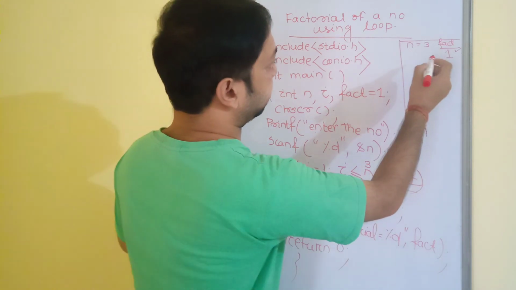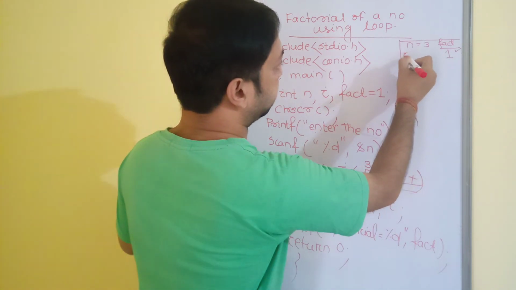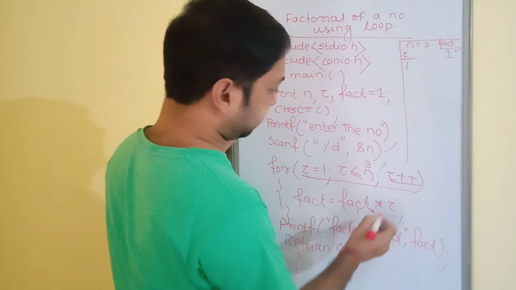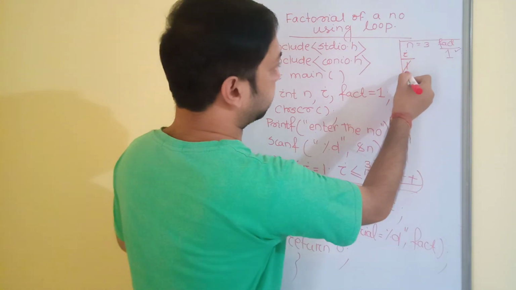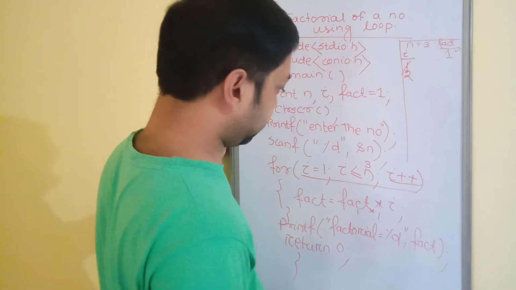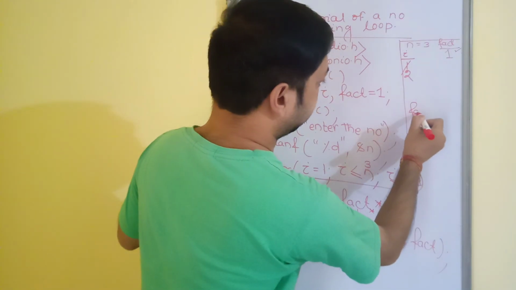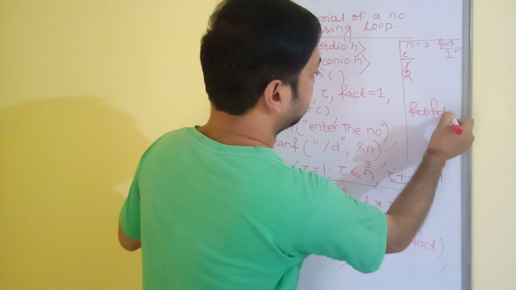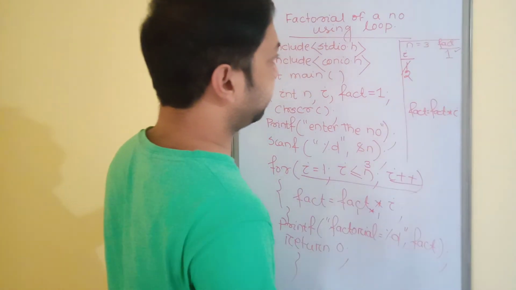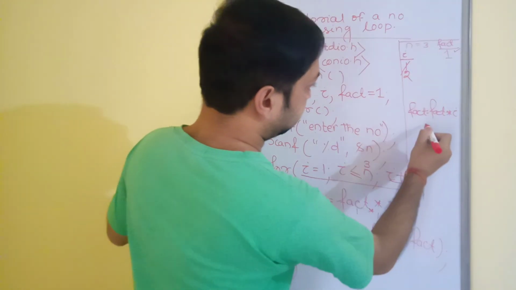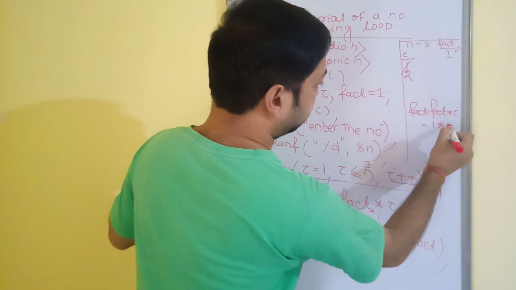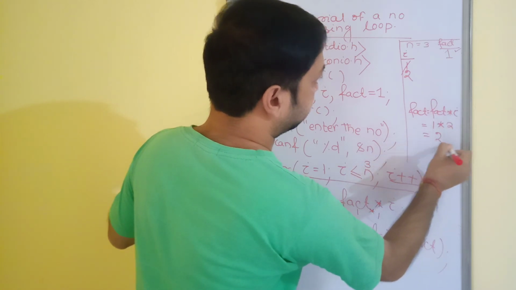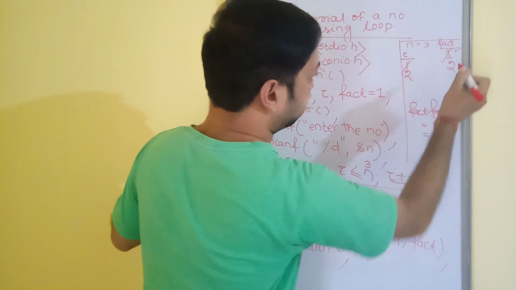In the next part, again i++. So initially i value is 1. Now i++ means i value is 2. Let us write the formula here again: fact = fact * i. Now fact value is 1, so this is 1 into i value 2. Now fact value is 2.